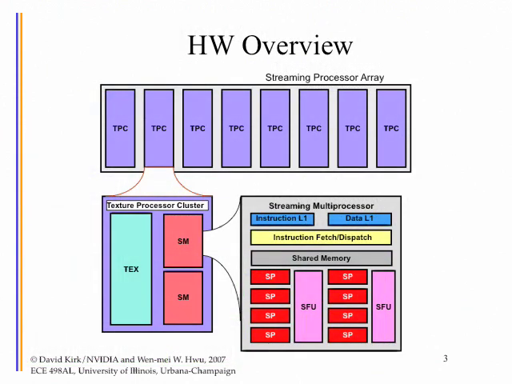So let's look at the hardware overview here. This picture shows the hierarchical picture where at the highest level you have the texture processor cluster, and each texture processor cluster expands into 2 SMs and one texture unit, and then each SM expands into a more detailed design where you have a common instruction fetch, a shared memory that can be accessed by all the cores, and then all the processors plus the super function unit.